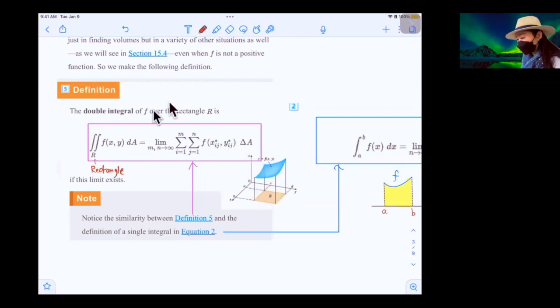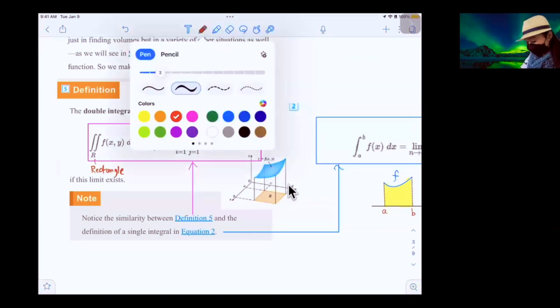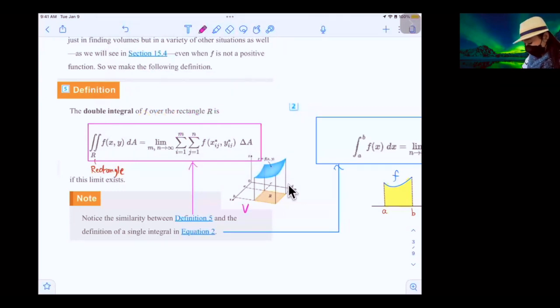So what does this double integral represent geometrically? If it's a positive function, think of it as the value under the surface.